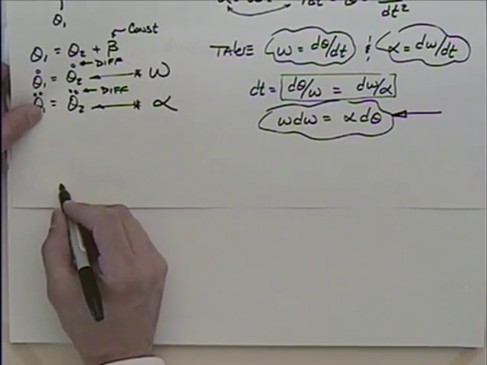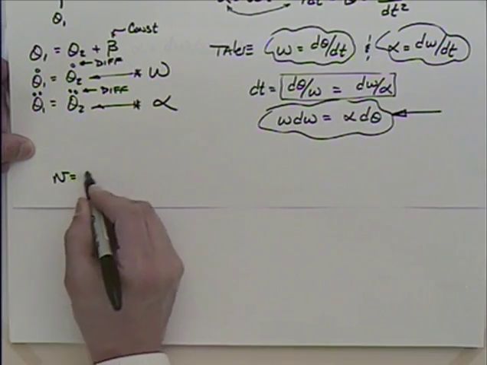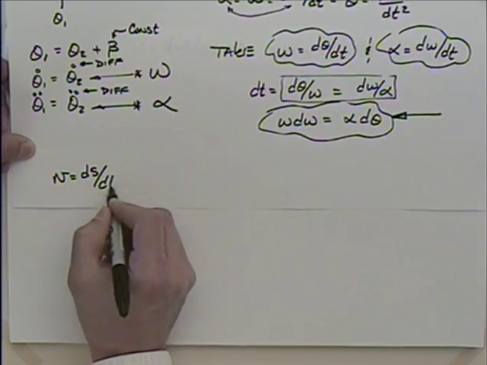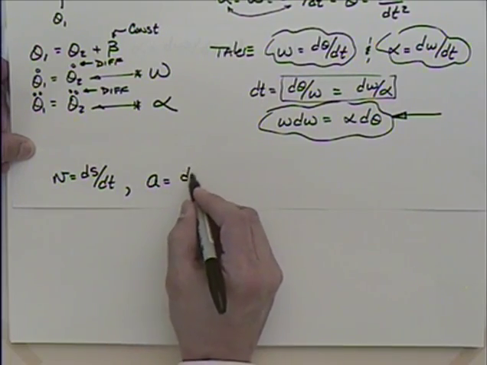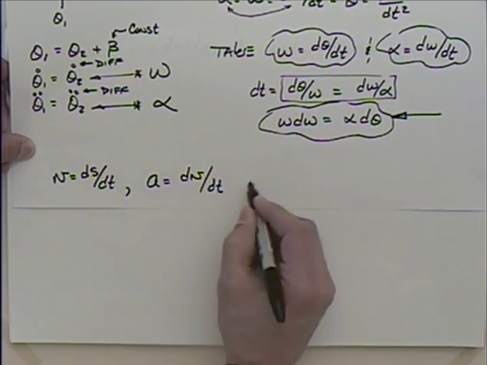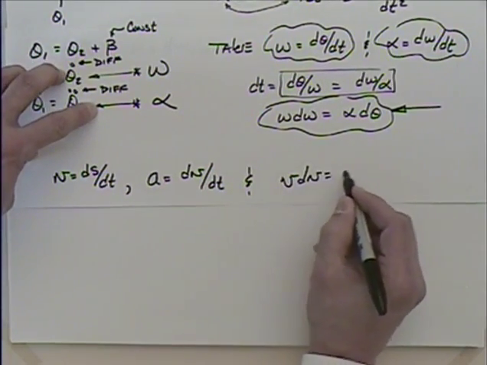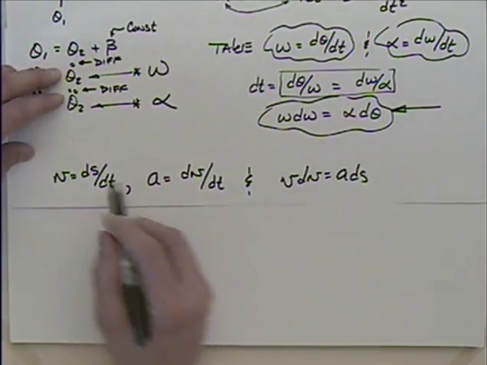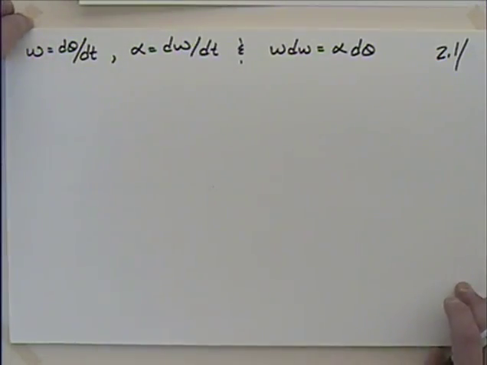What would we have with our linear work? That the velocity was equal to ds dt, that the acceleration was equal to dv dt, and we had that v dv was equal to a ds, right? So we do the same thing, except with our angular terms, rotational terms, and we come up with those.